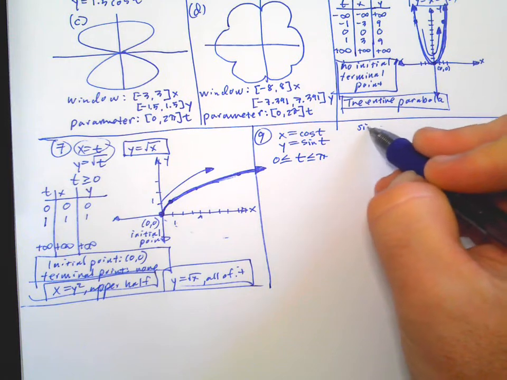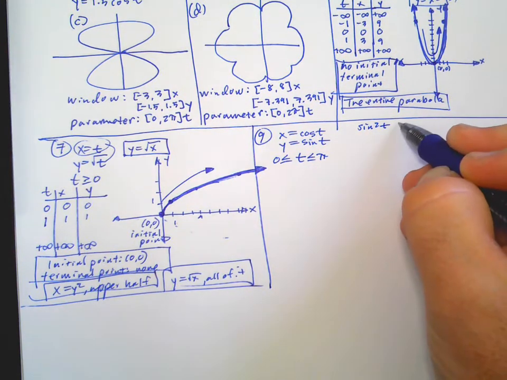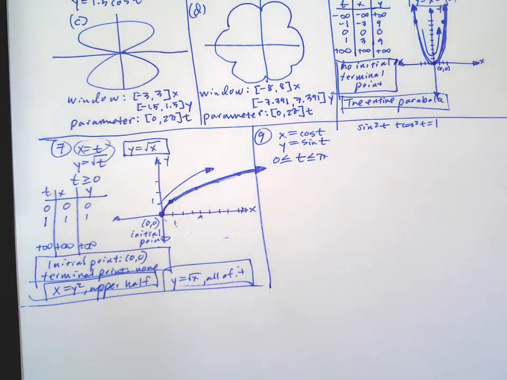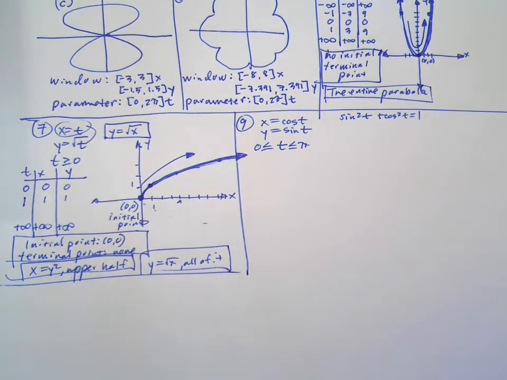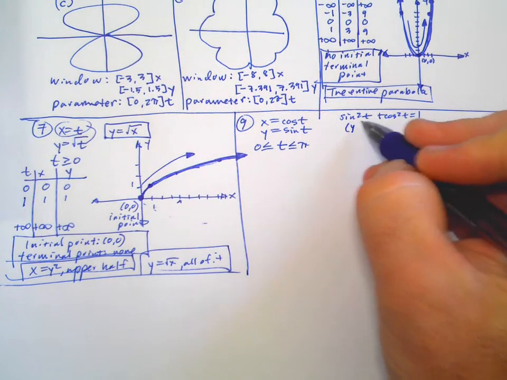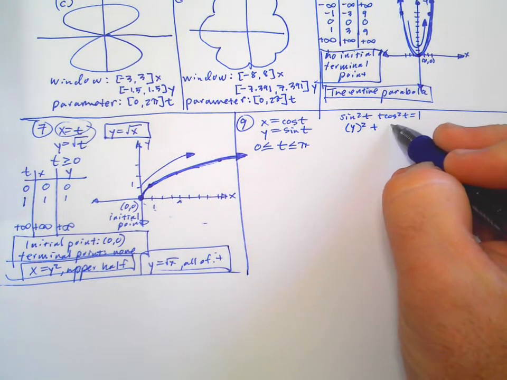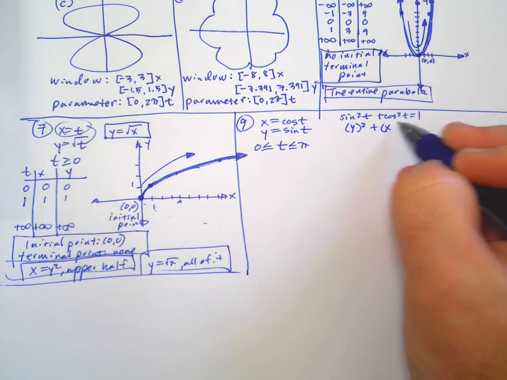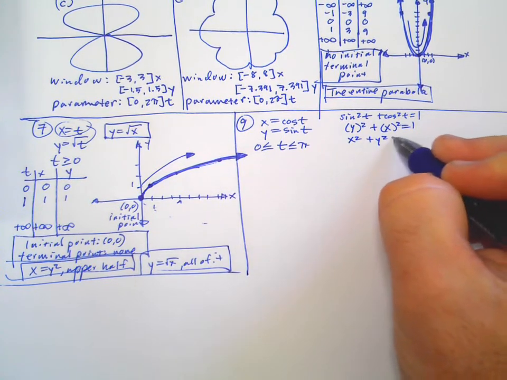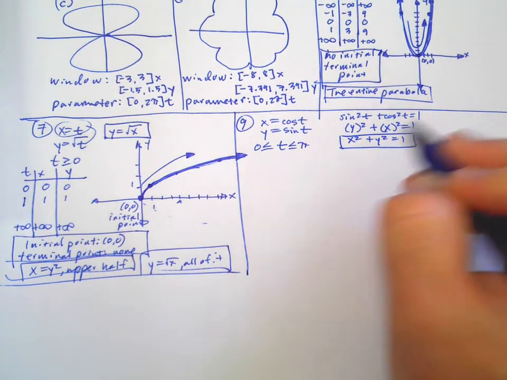And so we use the Pythagorean identity, sine squared plus cosine squared equals 1. Sine is y, and then you're going to square it. Cosine is x, and you're going to square it. So the equation, probably in its most common form, would be written like this. It's a circle.